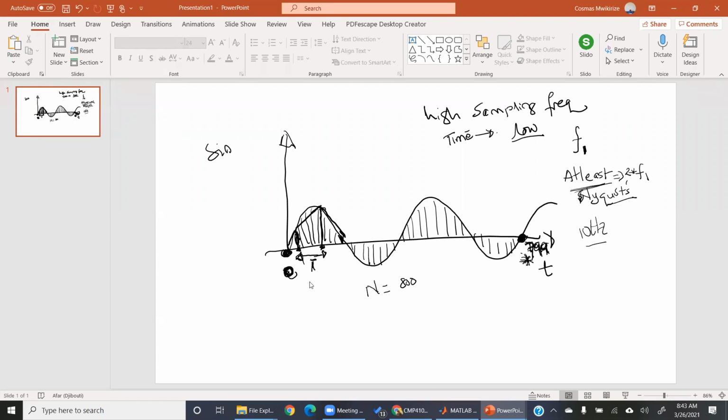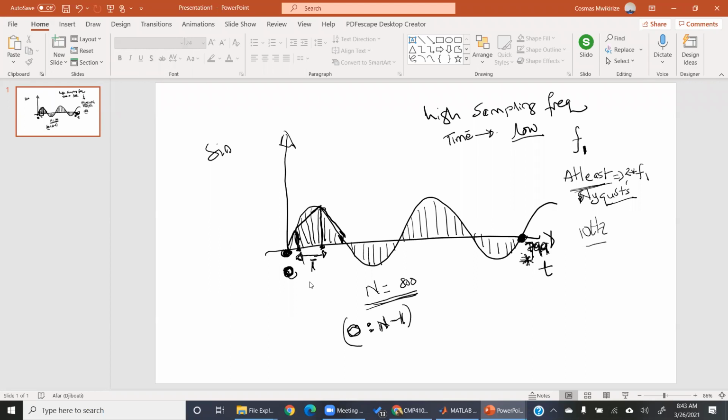So what I'm trying to bring out is, if you have n samples in your signal, then they will always run from 0 up to n minus 1. Okay. So your samples run from 0 to n-1.